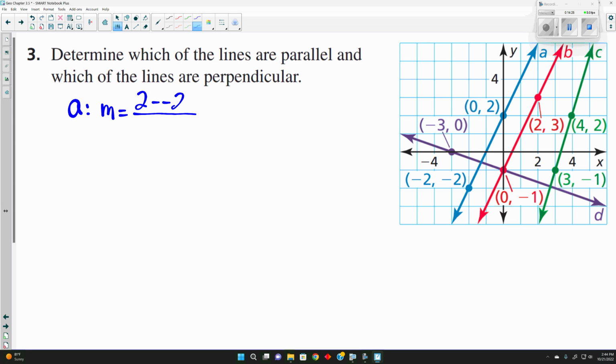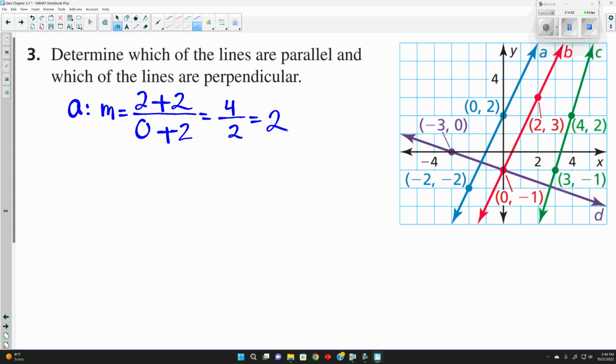So we can say 2 minus negative 2 over 0 minus negative 2. Well, the negative on top becomes plus, we have 4. Negative on bottom, 2. And 4 divided by 2 is 2.